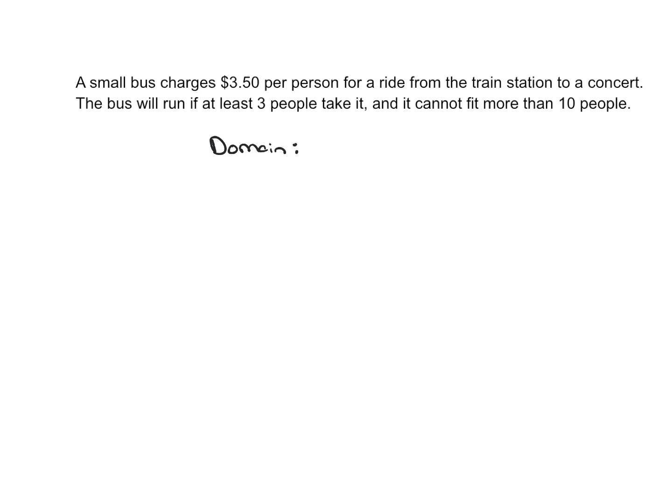And in this case, the smallest number I can have is 3. And the largest number I can have is 10. Because we're talking about people, they have to be whole numbers. And then it will be from 3 to 10.